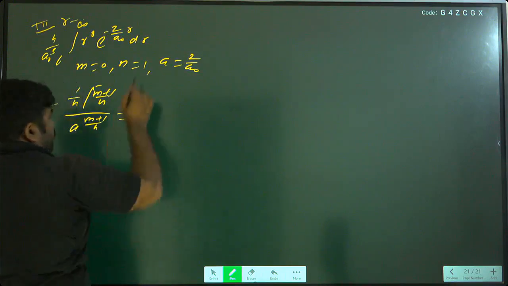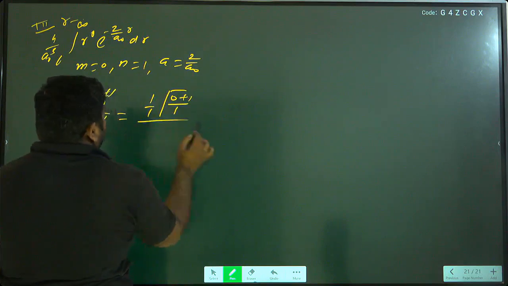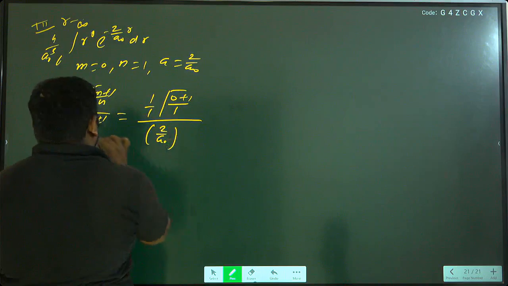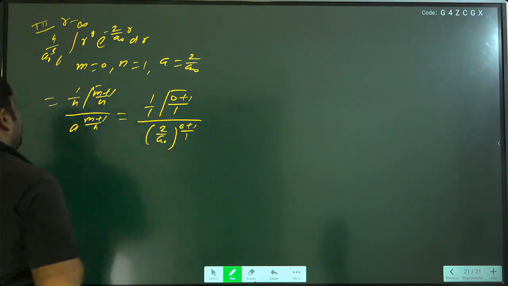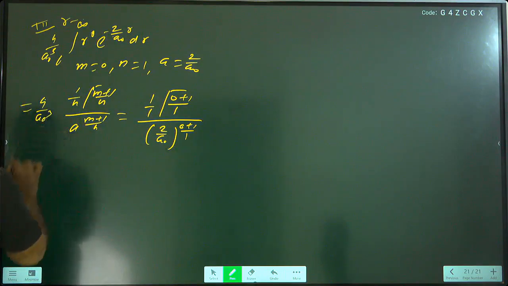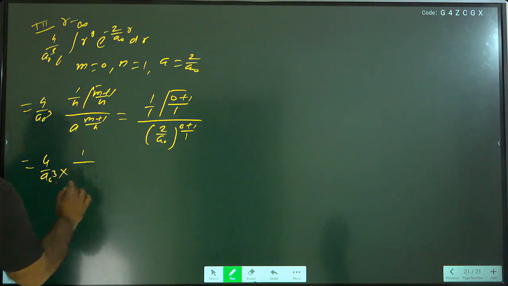Okay, what is the value of n? 1. So 1 by 1 gamma of 0 plus 1 upon 1, divided by a, 2 upon a naught bracket is 2, m plus 1 is 0 plus 1 upon 1, into how much? Into 4 upon a naught cube. Substitute here 4 upon a naught cube into 1 upon 2 upon a naught.